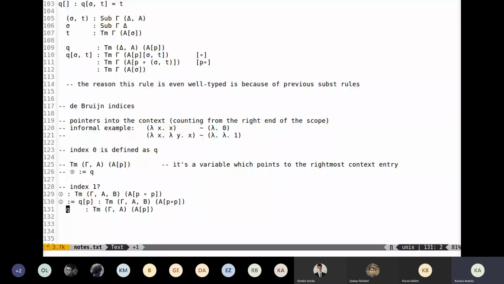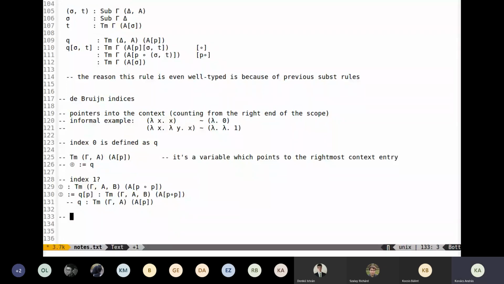And I just put this here as a comment. And sometimes we are using a notation like the iteration of P. So this is a notation for iterated P, and we can use something like P square.